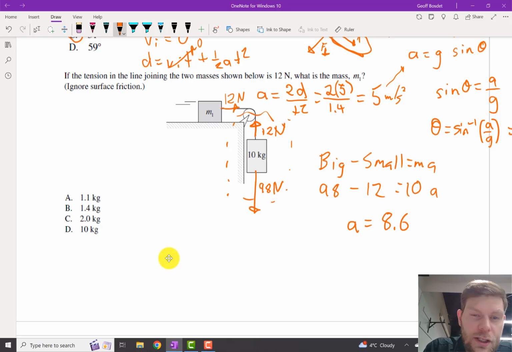Now we can just say, hey, tension is 12 newtons, and this is the net force on this guy, because we got mg down, and we got normal force up. We got no friction, because we're ignoring surface friction.